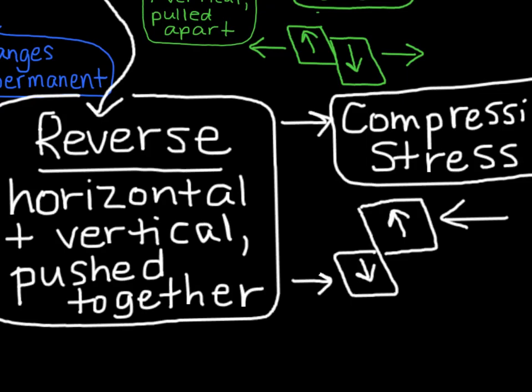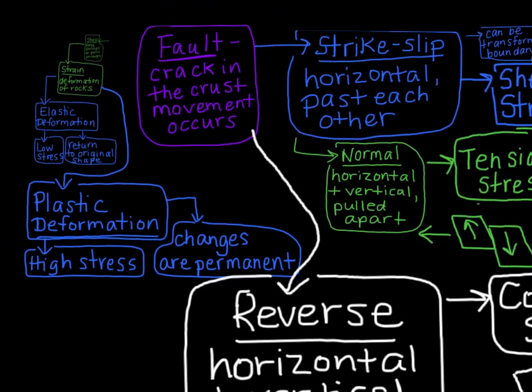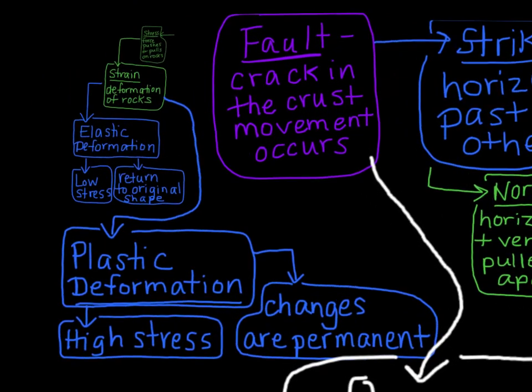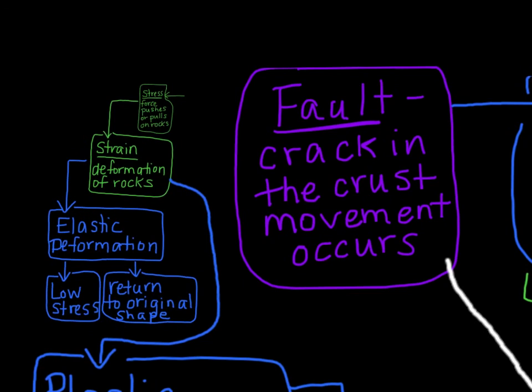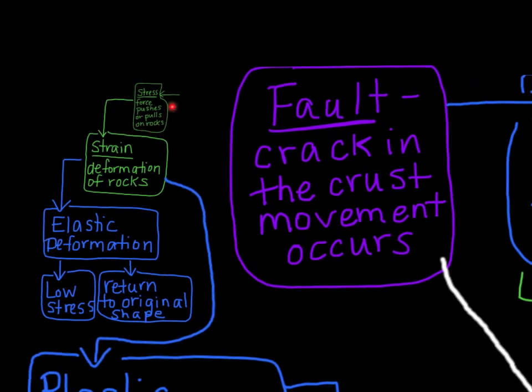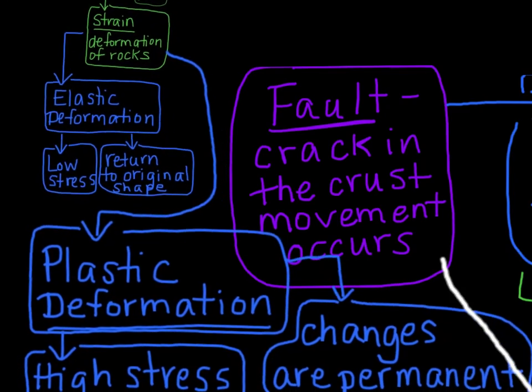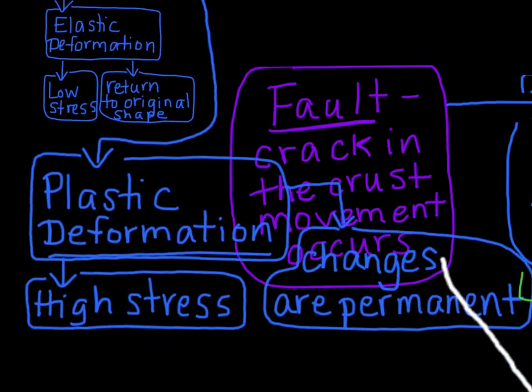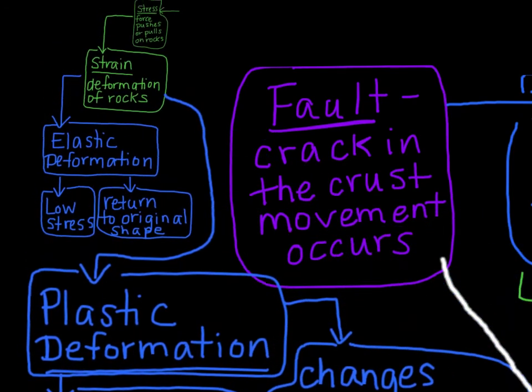And now that you know what faults are and how they occur in the Earth's crust, how those rocks are moved by stress, how they are deformed by strain, either elastic or plastic.